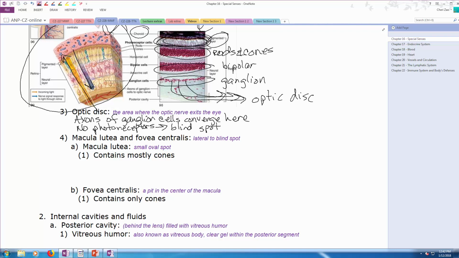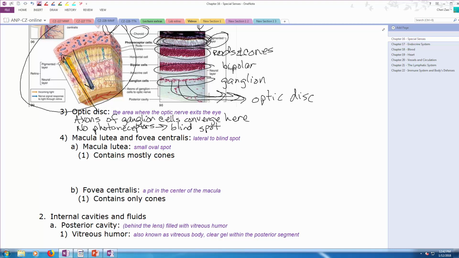Now, the next thing, the macula lutea and fovea centralis, lateral to your blind spot. Well, where did I say your blind spot was located? Nasally or medially. And your macula lutea and fovea centralis are like those guys on the airplane tarmac. They're saying, straight, keep going, straight ahead. That's where your macula lutea and fovea centralis is. Macula is Latin for spot.